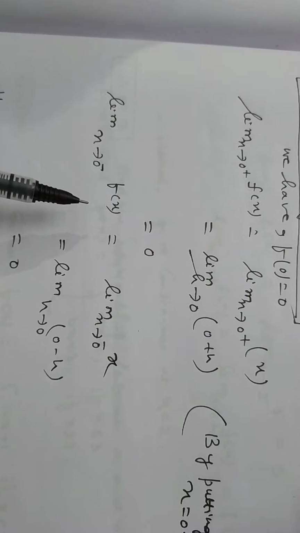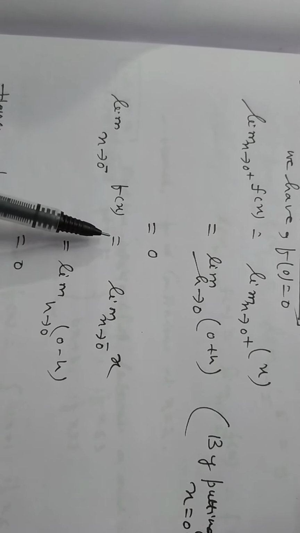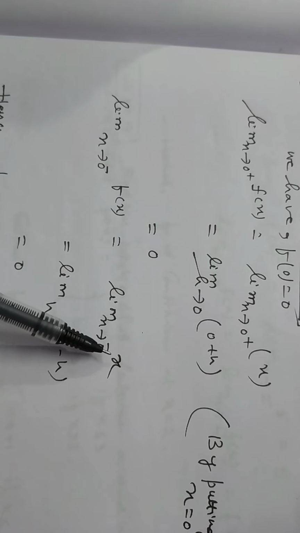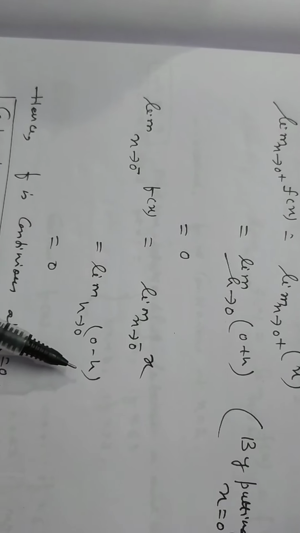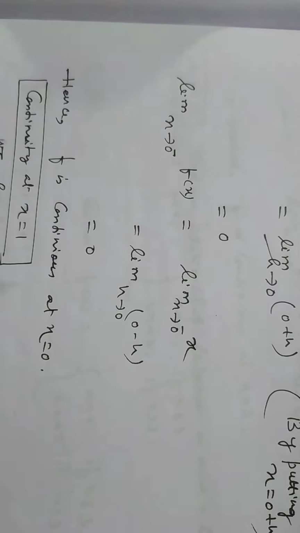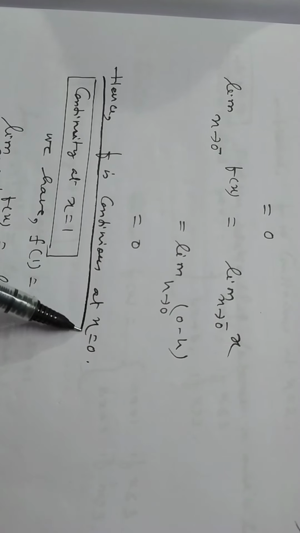What about the left hand side limit? The function is x for the left hand side limit, and we put x = 0 − h at the point 0. So it will be 0. Hence f is continuous at x = 0.